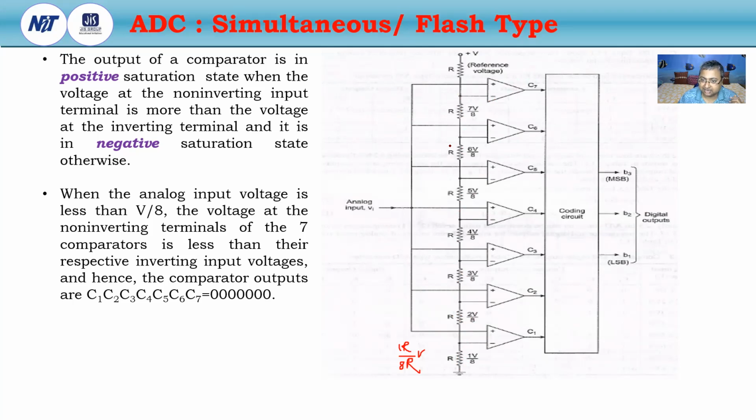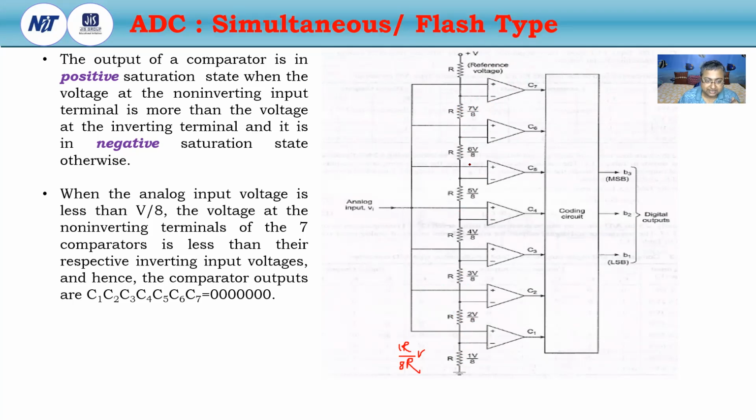So 7R divided by the total 8R into the reference voltage V. This is the voltage divider rule. So here we get the reference voltage of 7 by 8 volt.